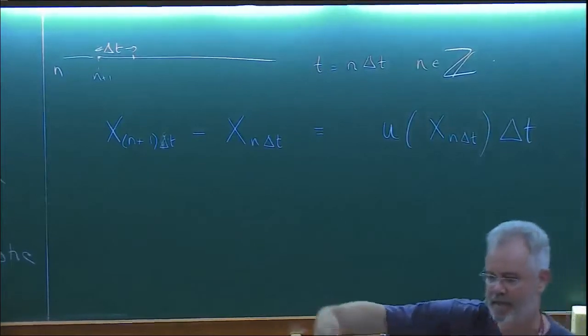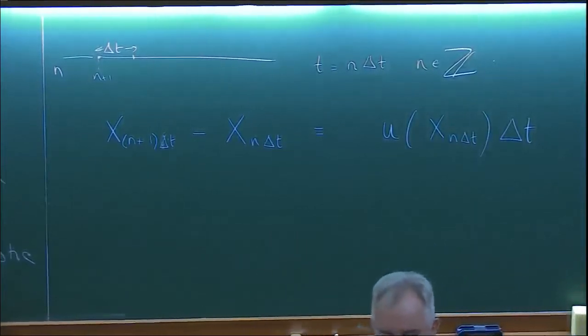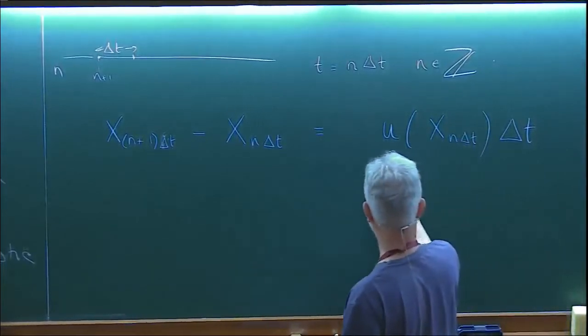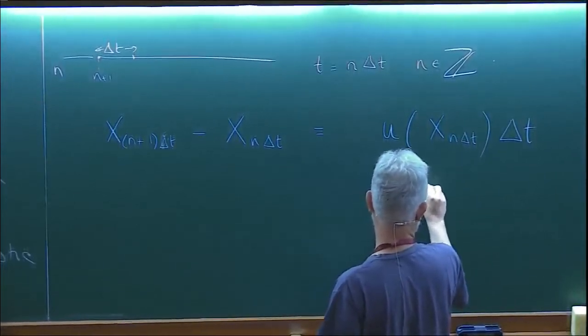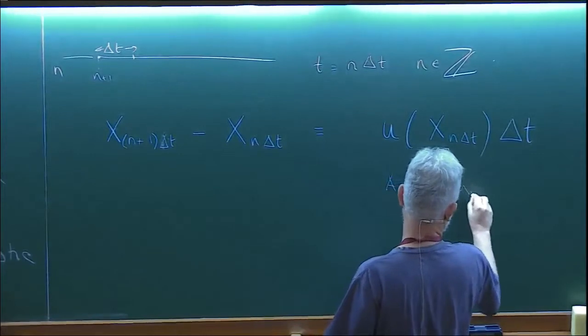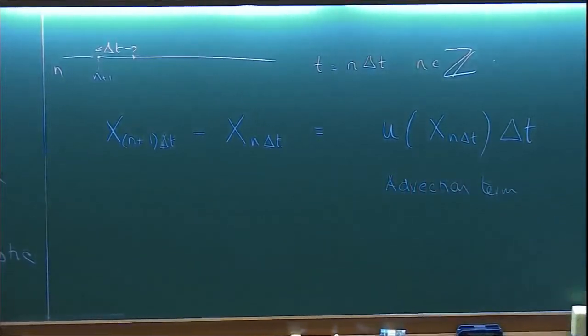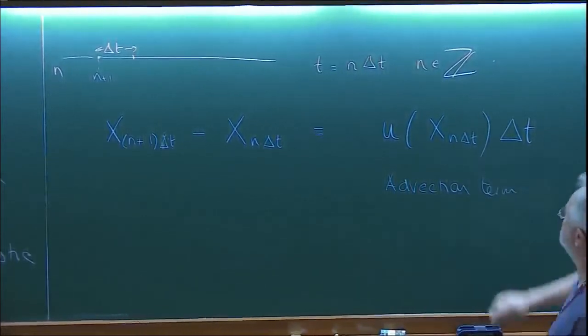So it's drifting in the flow of the river, and this is called an advection term. u is some fixed deterministic function. It can depend on time, but I won't make it depend on time.